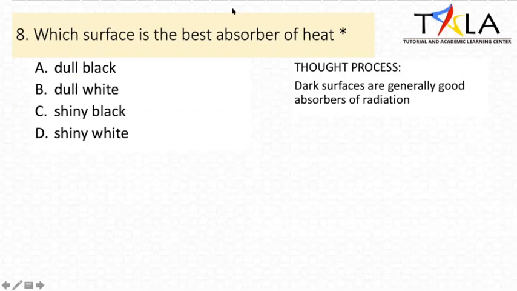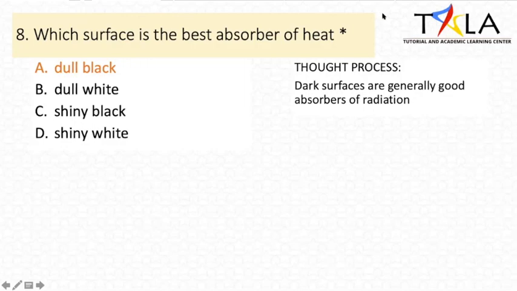Ito, the bonus question in this batch of questions. Which surface is the best absorber of heat? So, what's your answer here? A po. A dull black. So, we know that dark surfaces are generally good absorbers of radiation. Bakit hindi shiny black yung answer natin?